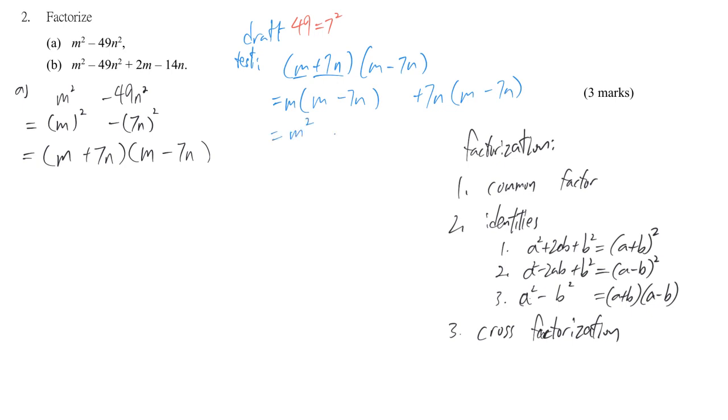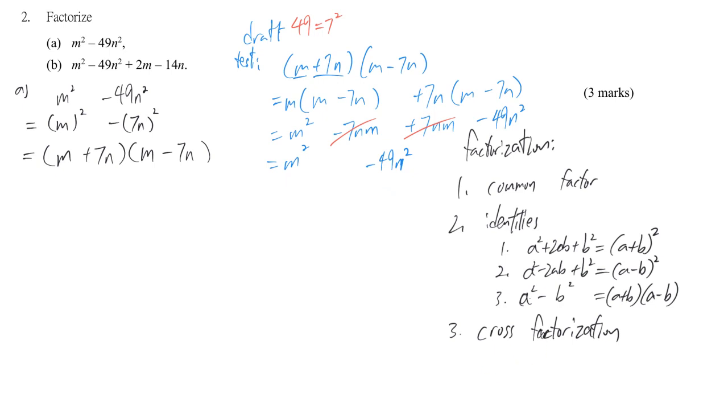So we have m squared minus 7nm, and then plus 7nm. And then positive times negative, we have negative 7 times 7, 49n squared. So that's why we find out that minus 7nm plus 7nm becomes 0, and only the square terms are left. I proved that our answer is correct here.